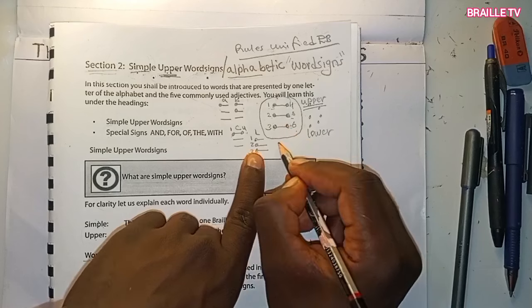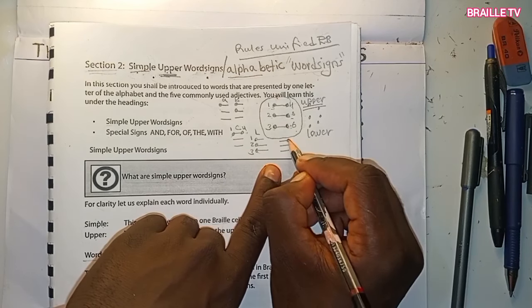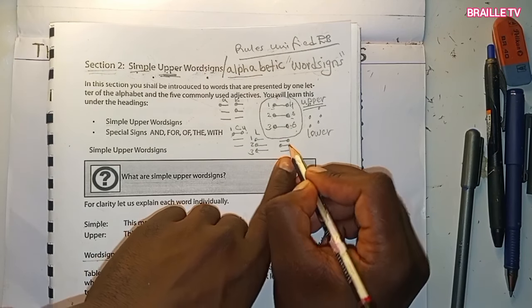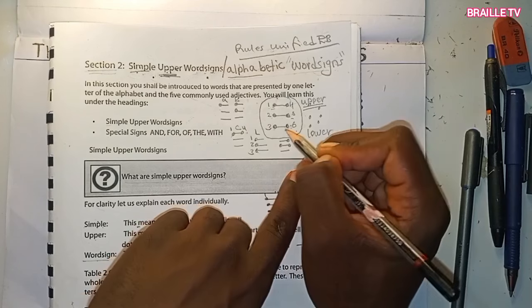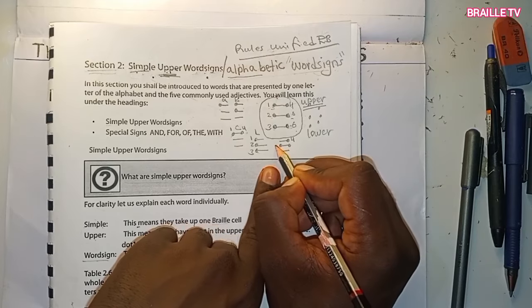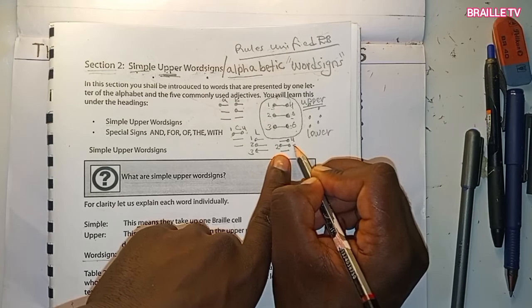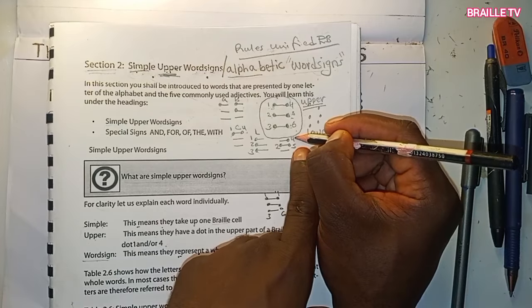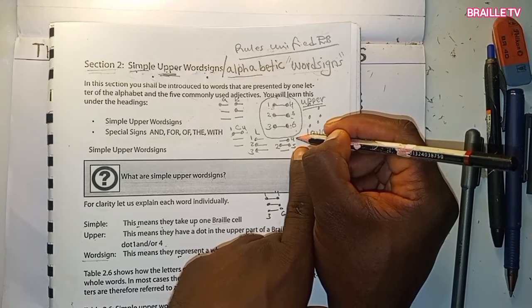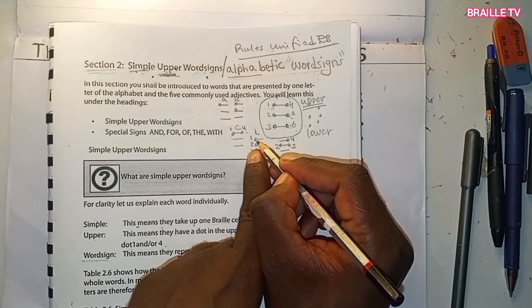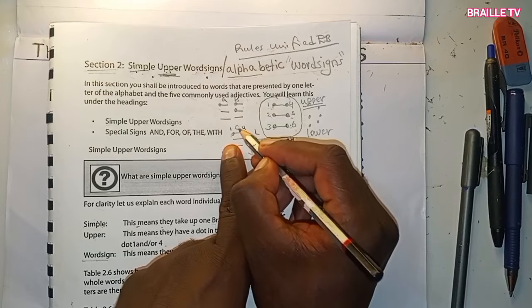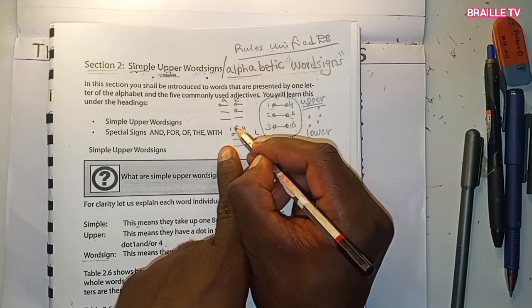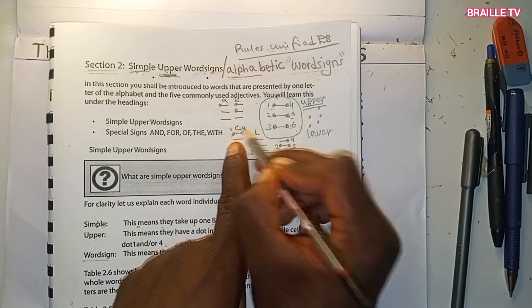And another letter like J, okay, it has got dot 4 in the upper part. Whereby this is dot 2, dot 4, dot 5. So it has got a dot in the upper part, which is dot 4. But L has got dot 1. But letter C has got dot 1 and dot 4.